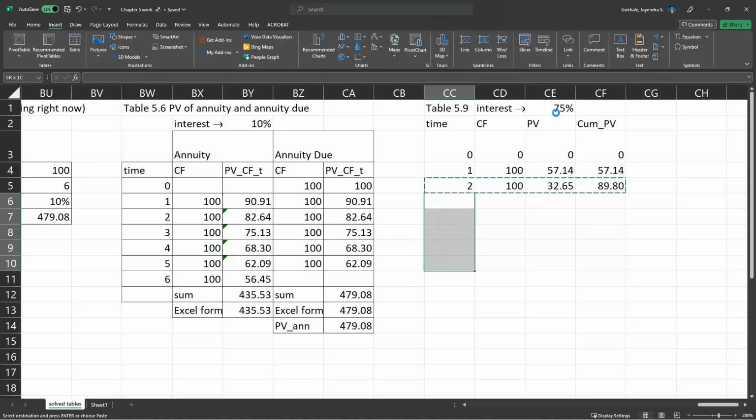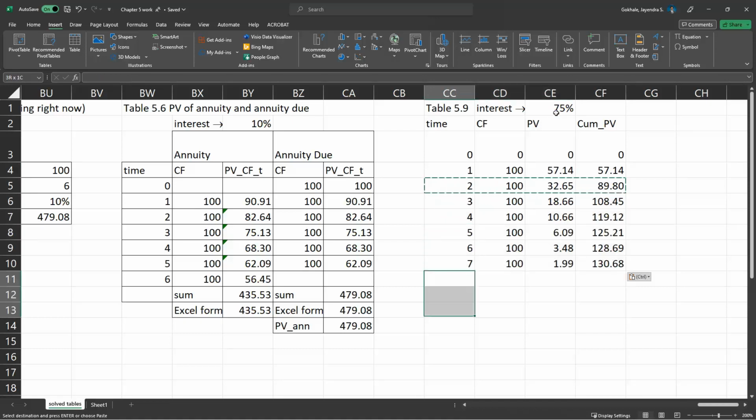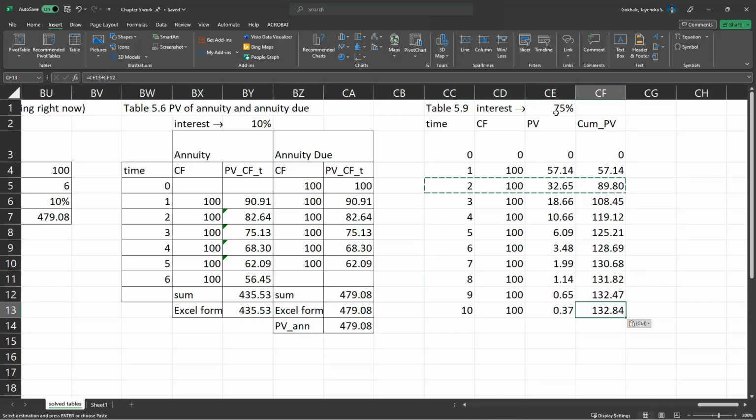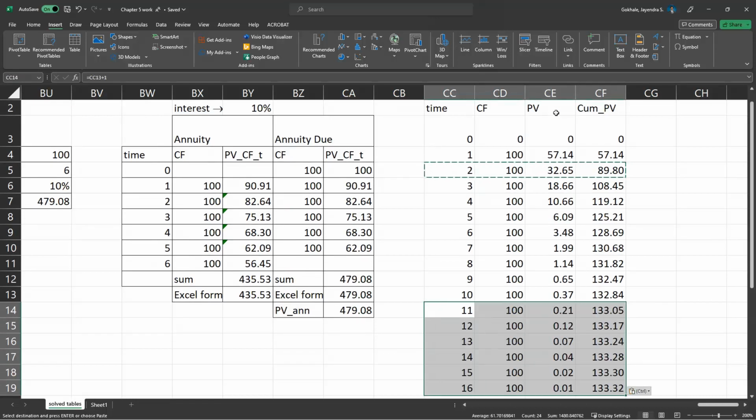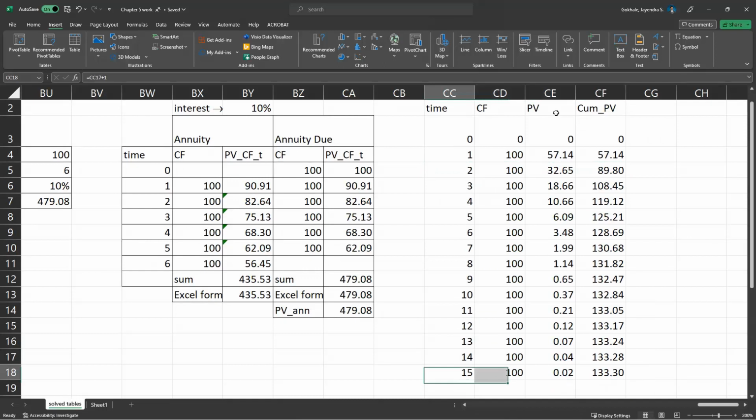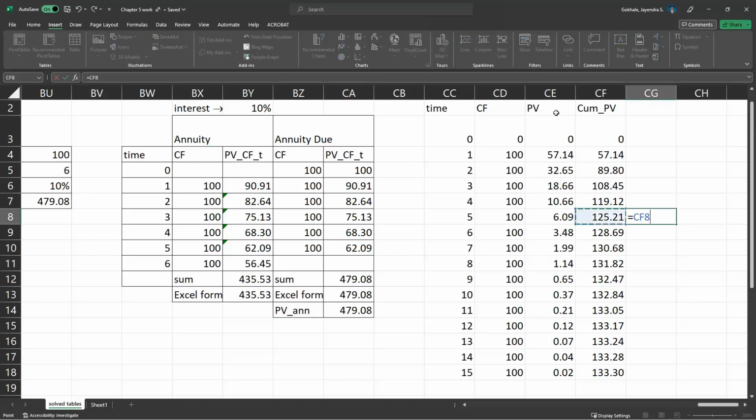Let's extend it to 10 periods. For 10 periods, the present value will be 132.84. Let's extend it to 15 periods now. 16, I apologize, 15 periods, 133.30. So when we go from 3 to 5 periods, the value goes up by $17. Let's see that. This minus that.